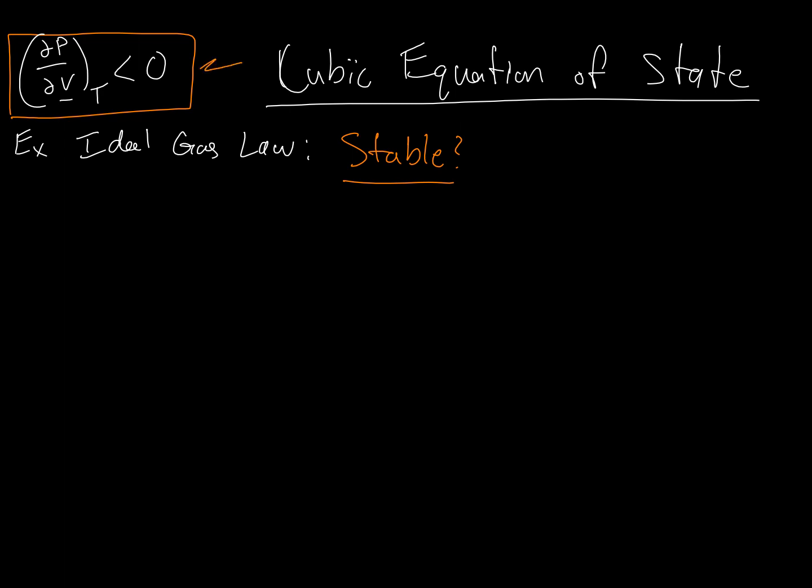Meaning, does it ever violate this rule? So take a moment, try it out. We will be doing a lot of partial derivatives. Well, hold tight, let everyone else catch up. I will call on a random student for them to give me their partial derivative for the ideal gas law, the dP dV.